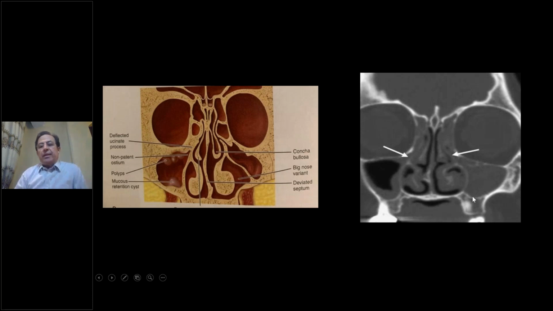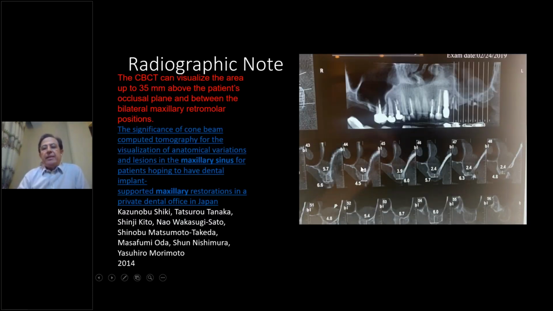We must note that in the CBCT scan that we usually order from radiologists, based on the paper, we can see the area up to 35 millimeters above the patient's occlusal plane.